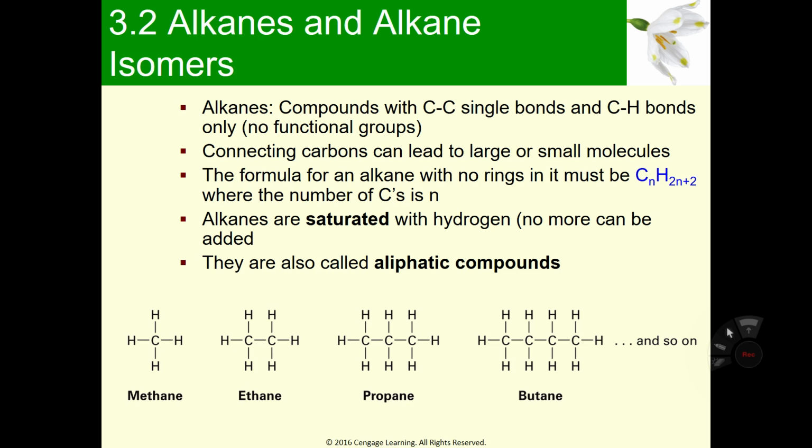The simple alkane is methane, which has a structure like this, which has one carbon. If you have two carbons, you add hydrogens, then we can easily draw the structure like this. It is methane, ethane, propane, butane, and so on.